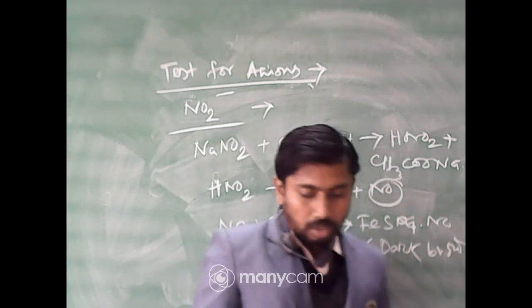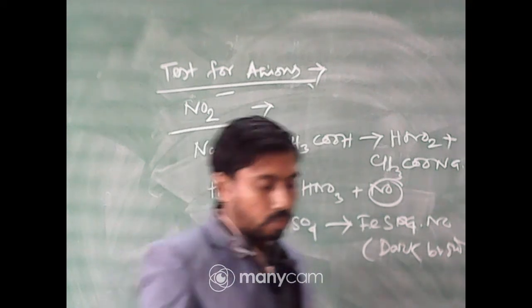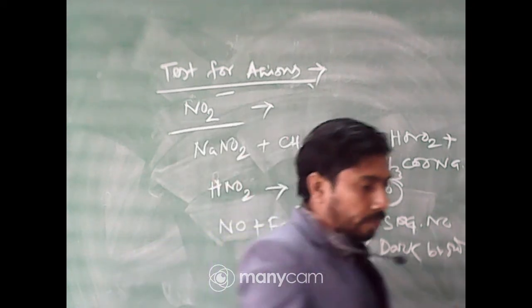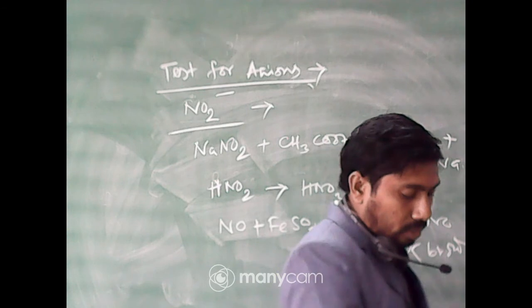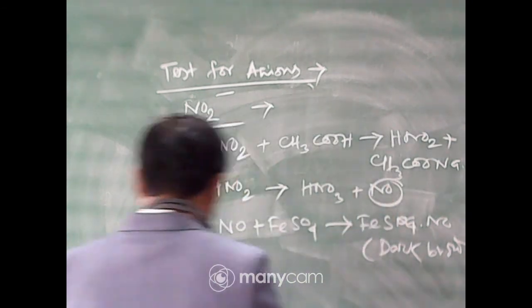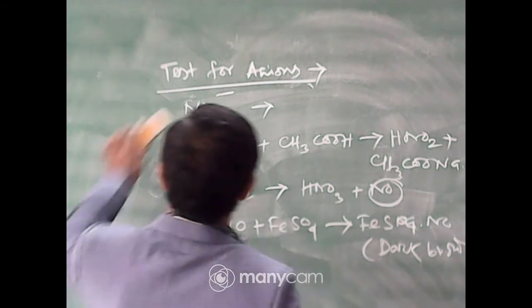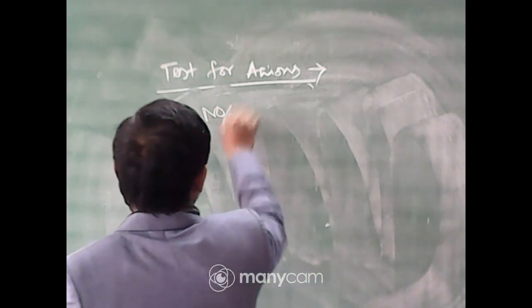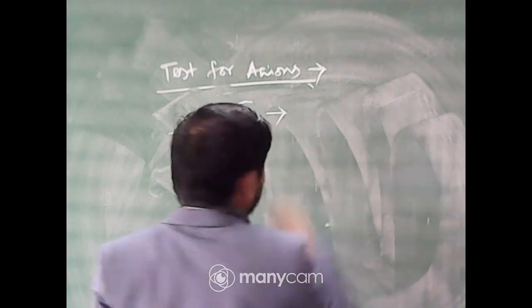Now, in the next test, we will see the test for nitrate. Nitrate is confirmed by the brown ring test. For this, a brown ring will form at the junction of the two liquids, NO3 minus.